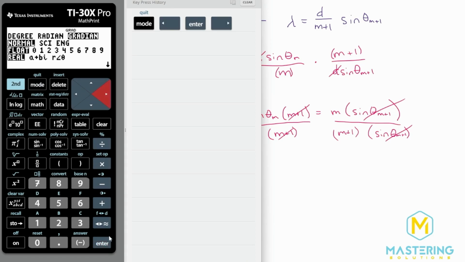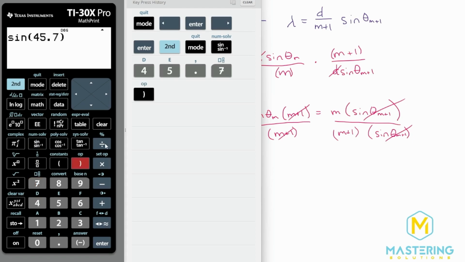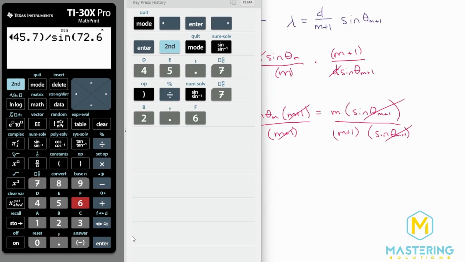Okay, so we're in degree mode now. And now when we plug this in, we have sine of the first angle, which we said was 45.7, and we're dividing by the sine of the second angle, which we said was 72.6. So that gives us 0.75. So what does that mean?